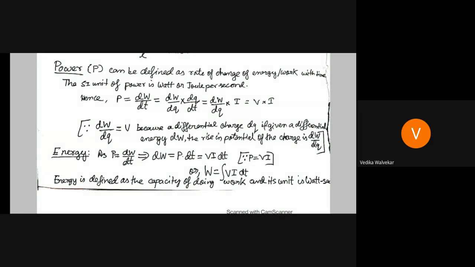Next, moving on to energy. Okay, so as power is equal to rate of change of work with time, or rather dW/dt, P is equal to dW/dt. Therefore, dW is equal to P into dt, power into time. So if we integrate that, we will get the work or the energy. Okay, because energy and work have the same unit.